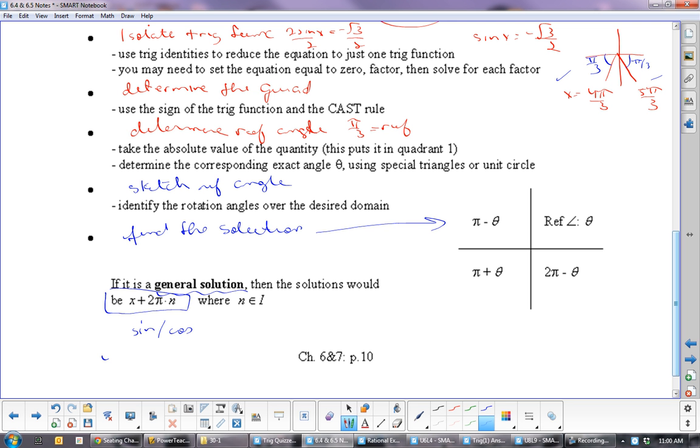So you'd go 4 pi over 3 plus 2 pi n, because every time you go 2 pi, and then comma 5 pi over 3 plus 2 pi n, and then make sure you say n is in the integers. So this is the general solution, if you're ever asked for a general solution. And just make sure that you remember for tan, it is n pi, n is in the integers, right? Tan repeats every pi, where sine and cos repeat every 2 pi.